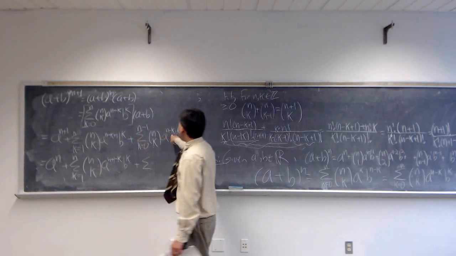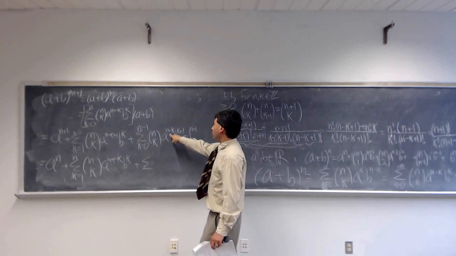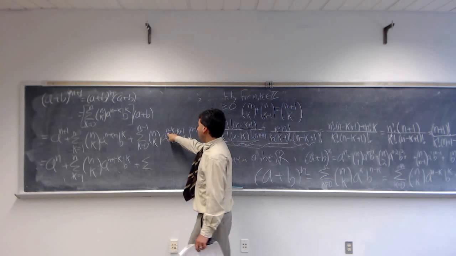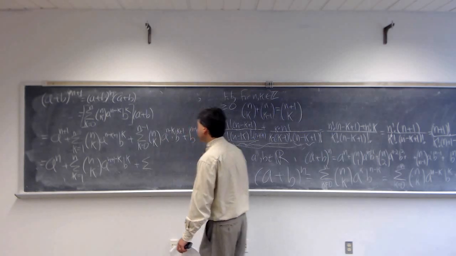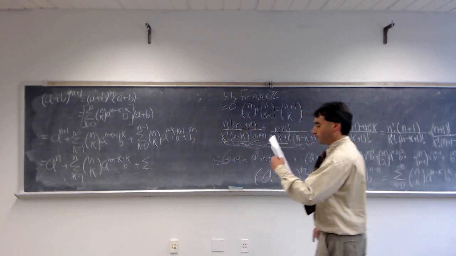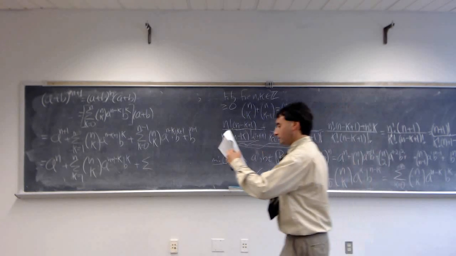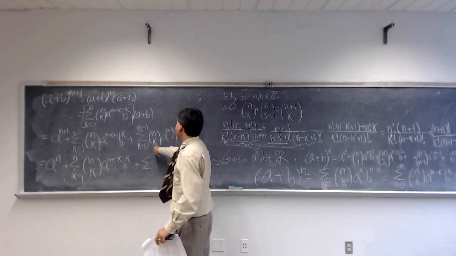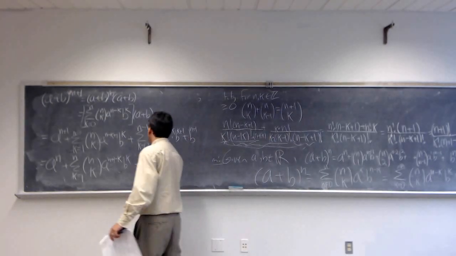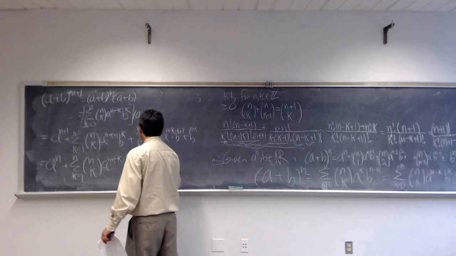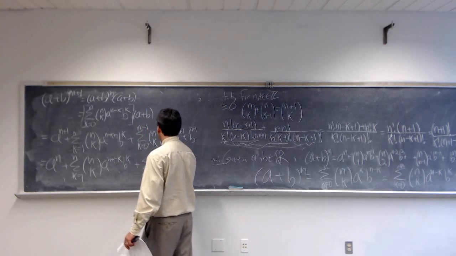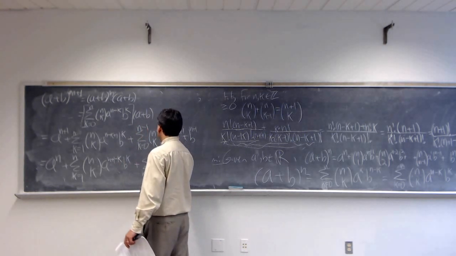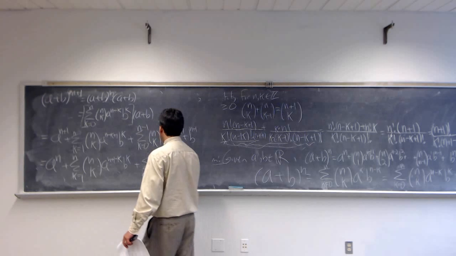And now what's the first power of a? Well, it starts off at n minus 0, or just n. And then the coefficient would be n choose 0. So if I want to start my sum at k equals 1, I would go to n.